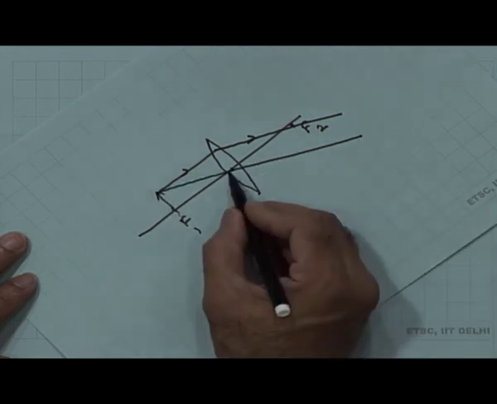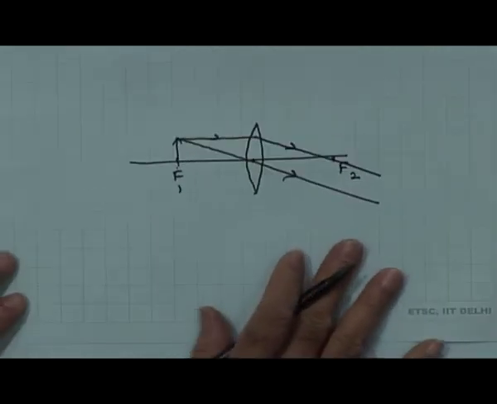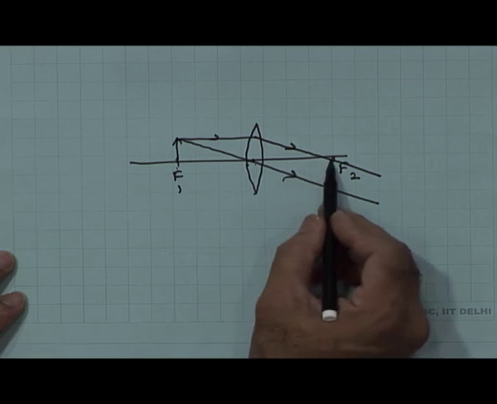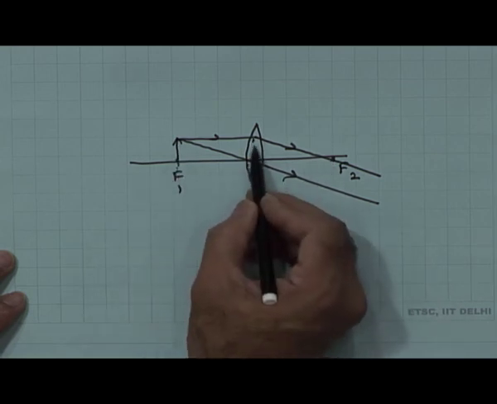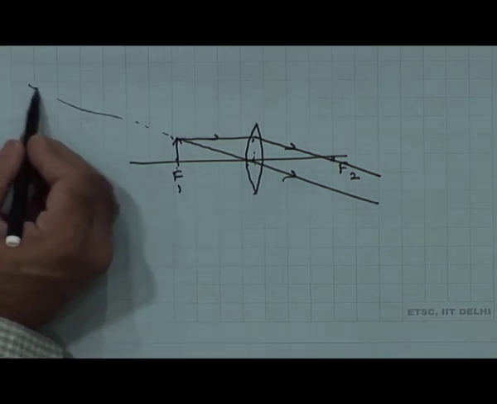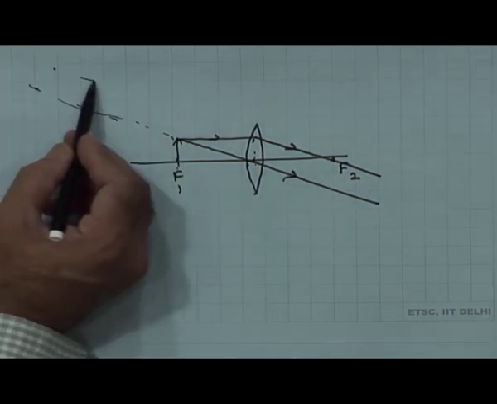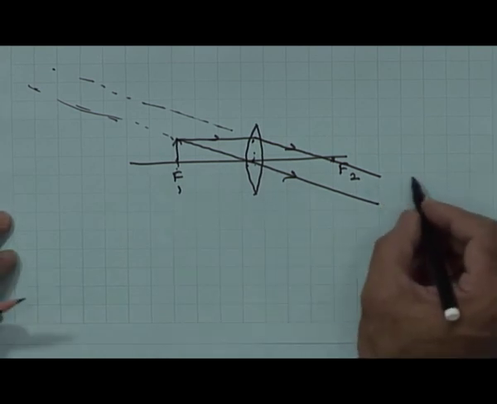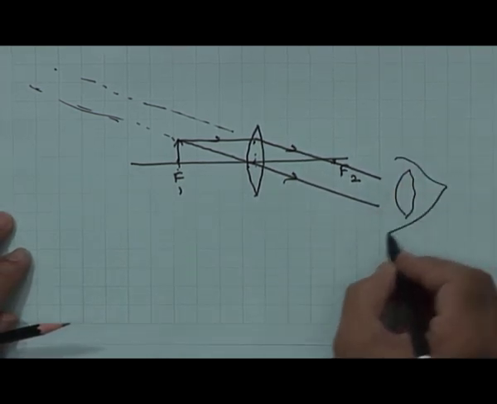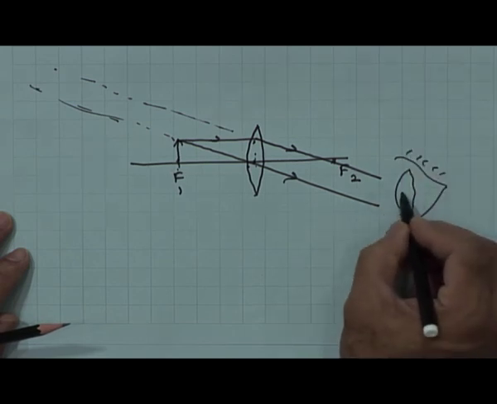It is the ray passing through this center point, and they will turn out to be parallel, because this distance is the same as this distance, this height is the same as this height. So, these two rays appear to come from a very large distance, and if the eye is focused to infinity, it is called focus to infinity.